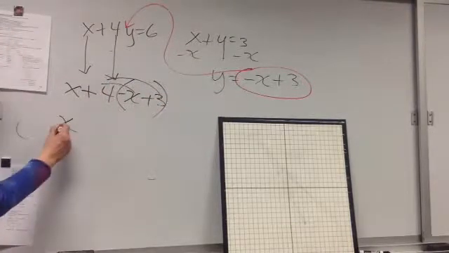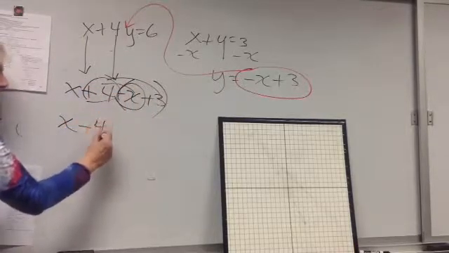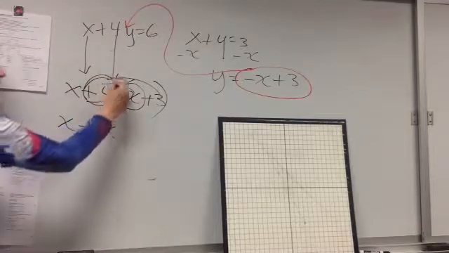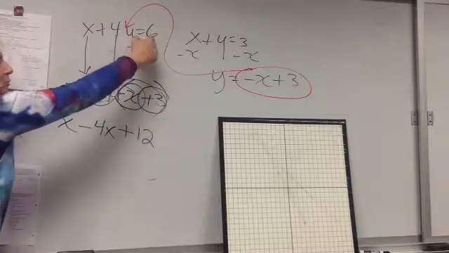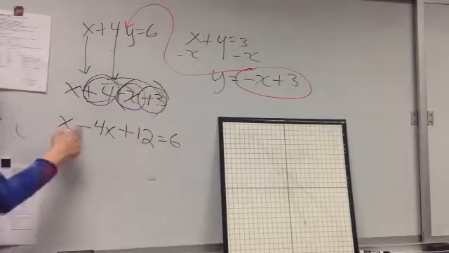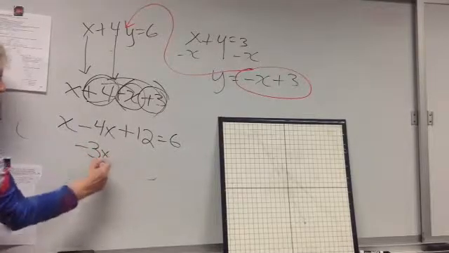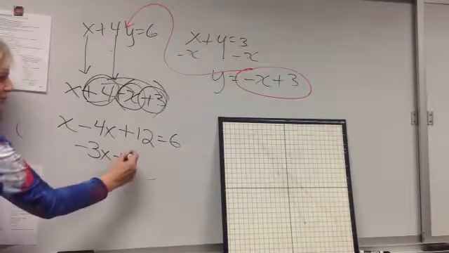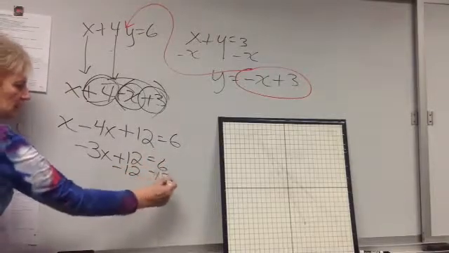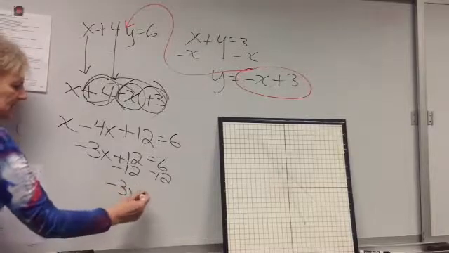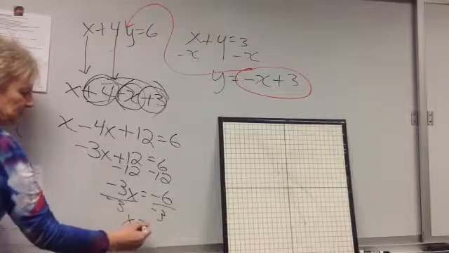So we have x, positive 4 times negative x is negative 4x. Positive 4 times positive 3 is positive 12, equals 6. Okay, x minus 4x is negative 3x plus 12, subtract 12, negative 3x equals negative 6, x is 2.